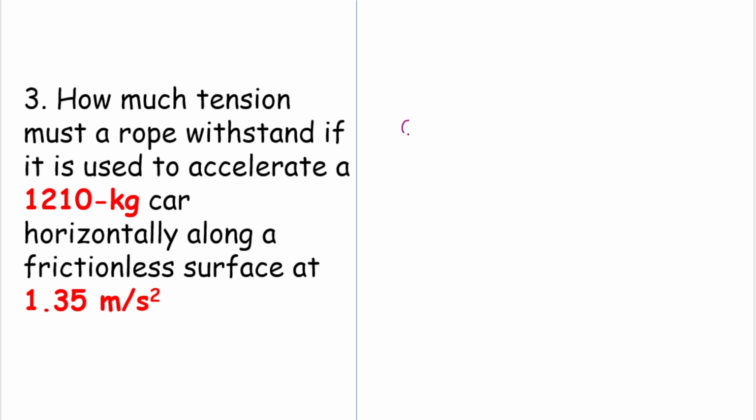Okay, so we have our car here, like this. As this is a physics problem, we should always draw. This is the front, and this is the window. And we have a frictionless surface. Maybe it is a snowy road or something that is very slippery, so we don't have any friction here.